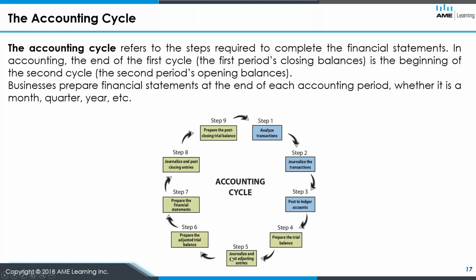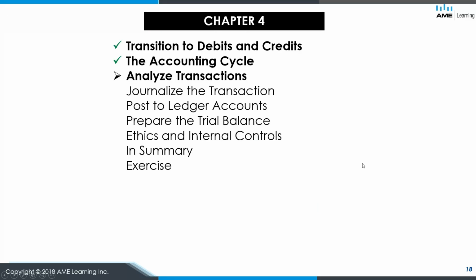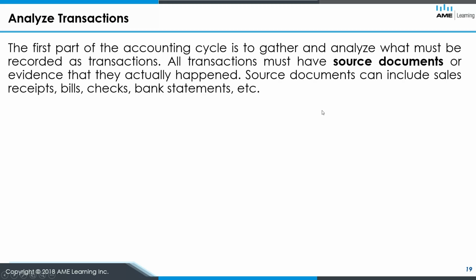We're going to work through these steps in this chapter and in the coming chapter, and we'll take a deeper dive on the different steps as we go. We're going to start with analyzing transactions. We've already been doing this throughout the book. When we say analyze transactions, we're talking about gathering information and analyzing what must be recorded.